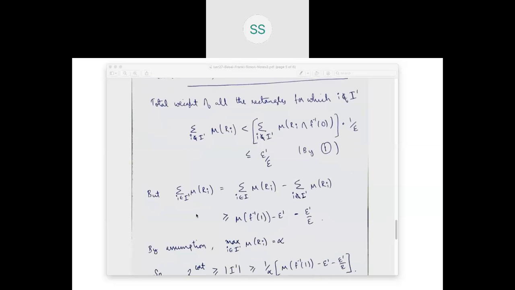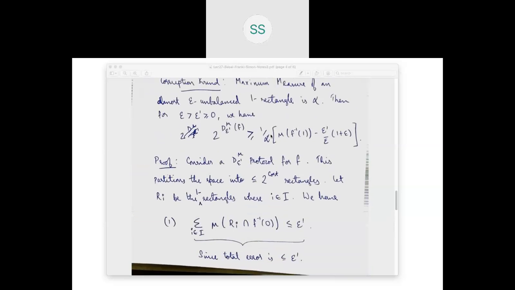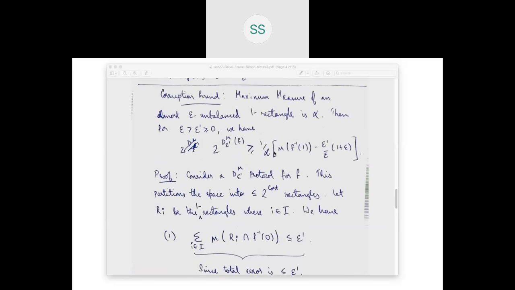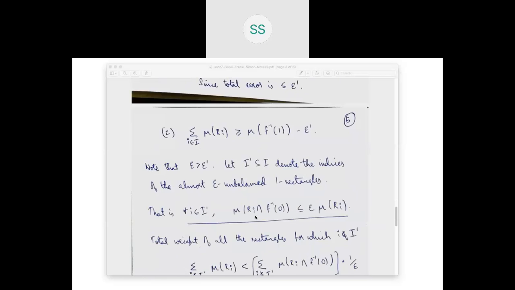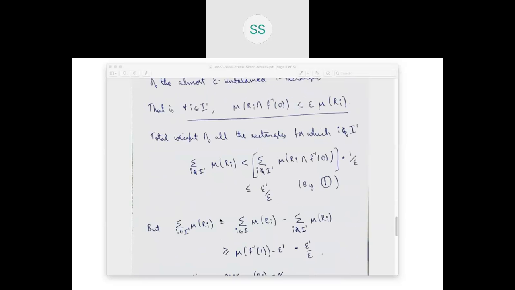But remember we had this assumption that the maximum measure of an almost epsilon unbalanced one rectangle was alpha. In the present defined terminology, almost epsilon unbalanced one rectangles are those in I prime.